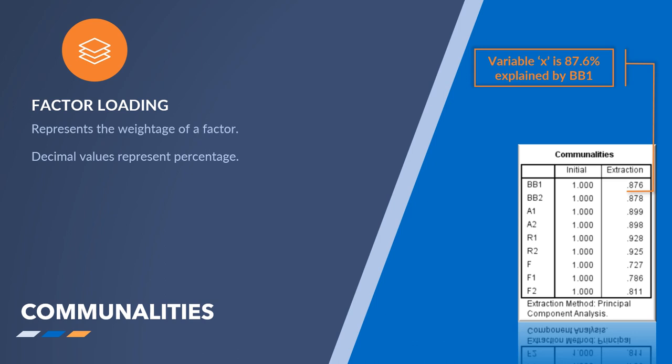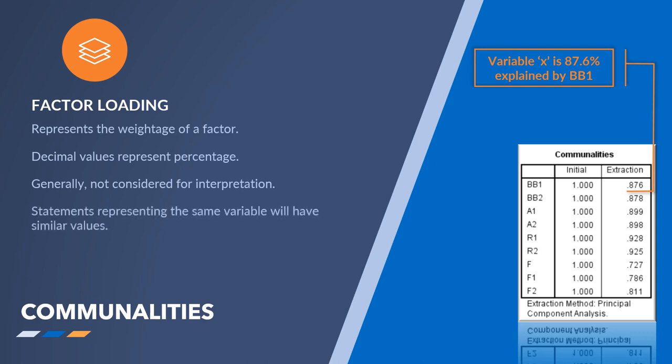This means that the yet undetected variable x is explained by BB1 to the extent of 87.6%. Although this table is relevant, we do not really talk about it in the analysis. The key to remember is that all the statements with similar factor loadings will be related to the same variable.